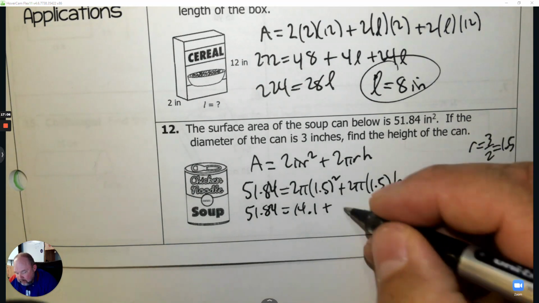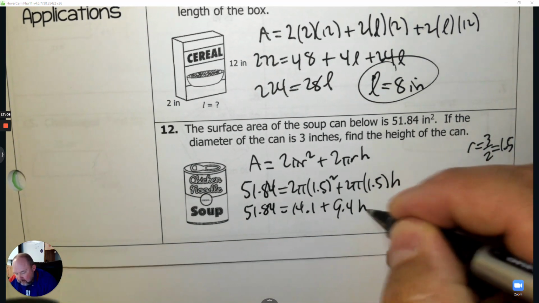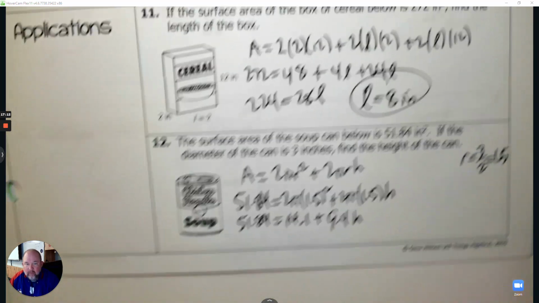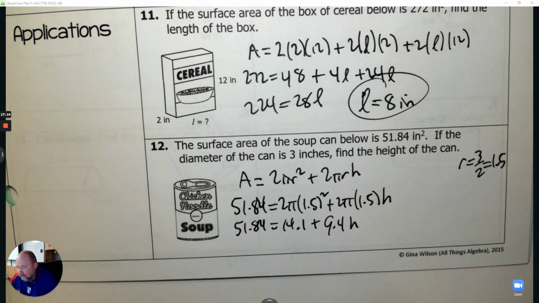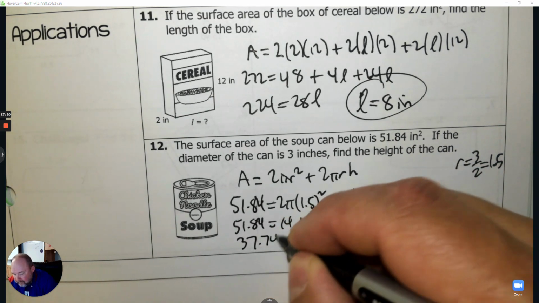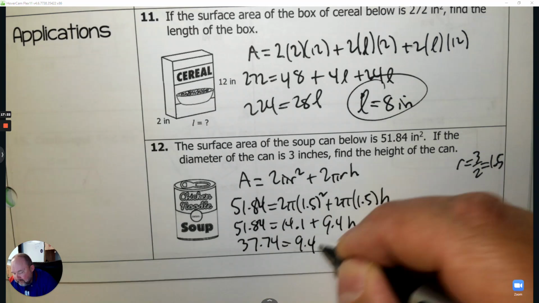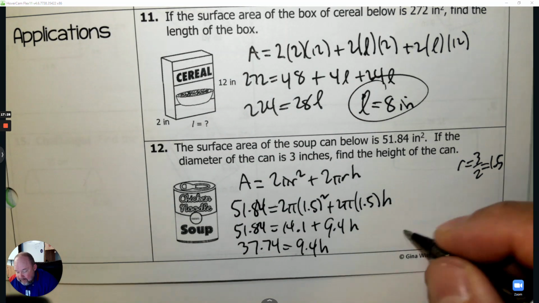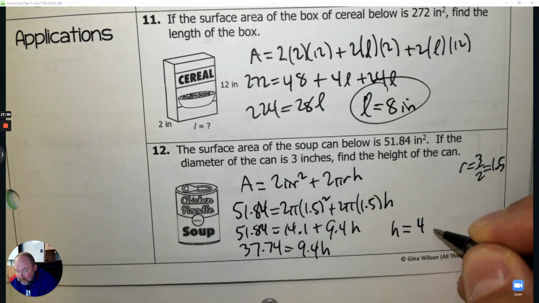I get 9.4. Then I'm going to subtract 14.1. So 51.84 subtract 14.1. That's 37.74. And then the last step to get h by itself is to divide. So I'm going to divide by 9.4. And the height is about 4 inches when you do that.